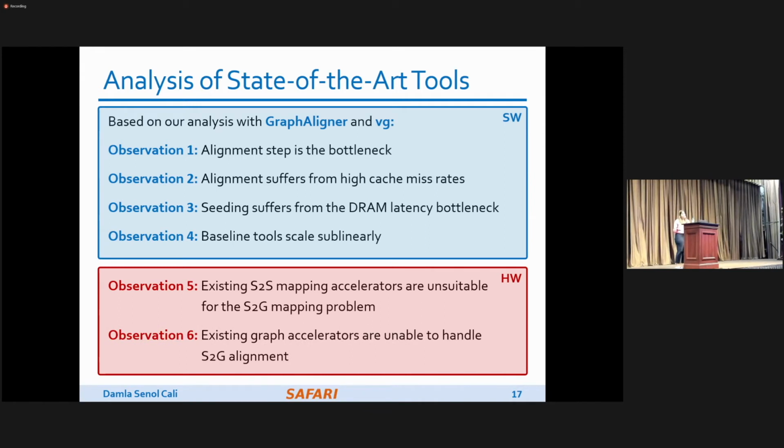We also looked at existing graph accelerators because we have many of them, but they are promising for solving the seeding problem when querying the main memory, but they are unable to handle the actual bottleneck problem, which is alignment, because alignment is not a graph traversal workload. So we need a specialized, balanced, and scalable design for compute units, on-chip memory, and also main memory accesses for both the seeding and alignment steps of sequence-to-graph mapping.